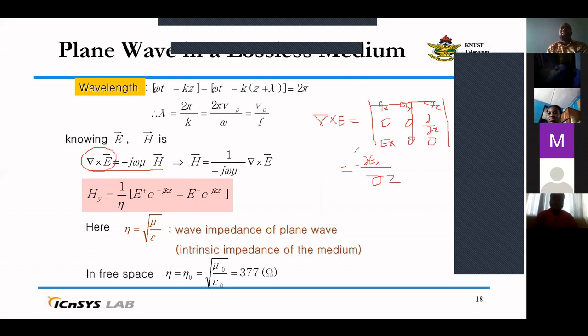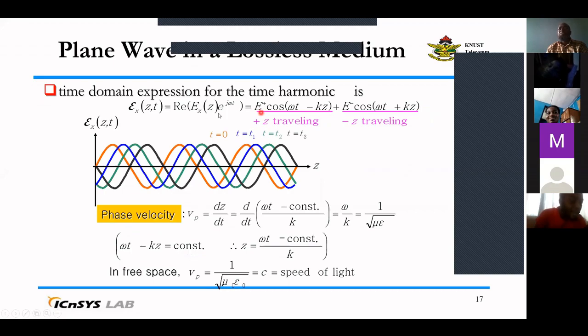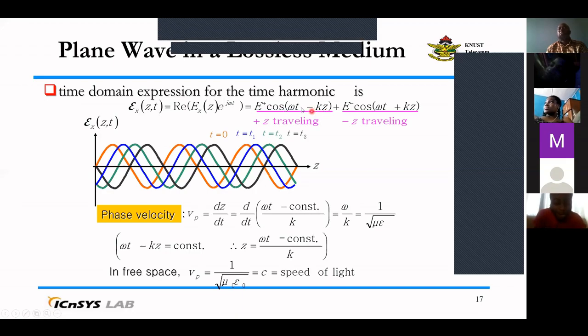So this is minus del EX del Z. If you differentiate this EX with respect to Z, you assume that we are starting from t equals 0. If t equals 0, then this is E cos kz, isn't it? Because there's no omega t.